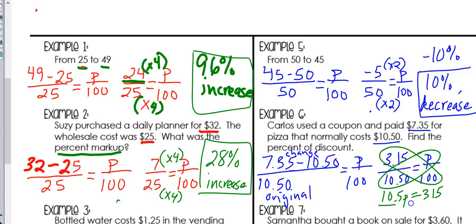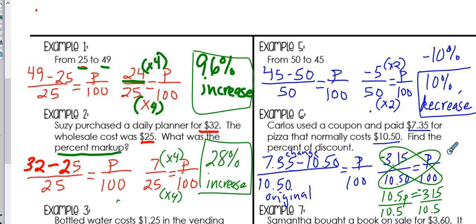I'm going to divide both sides, like I've done in class for all the other proportion problems, by 10.5. And then my answer is, oh, wait a second, this is a negative, don't forget that, that's a negative. So when you multiply that, it's going to be a negative 350. My answer is going to be negative because it's a decrease.